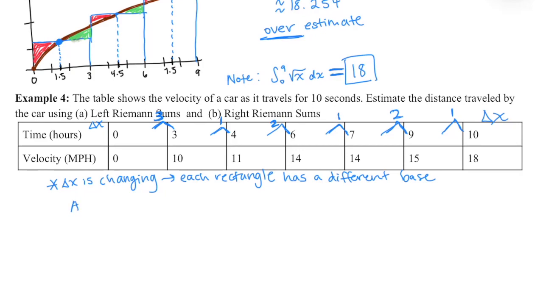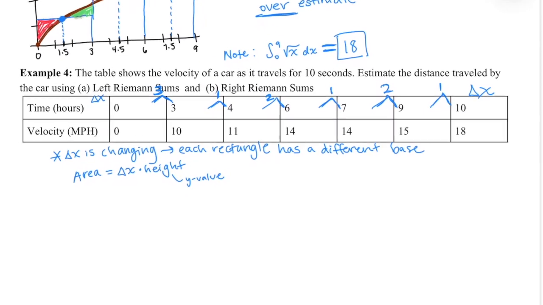So remember that the area is equal to the change in x times whatever the height is. And in this case, our velocity, the y value, is our height. So the velocity values are going to represent our heights.